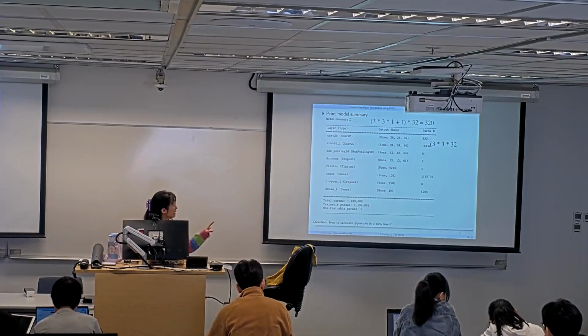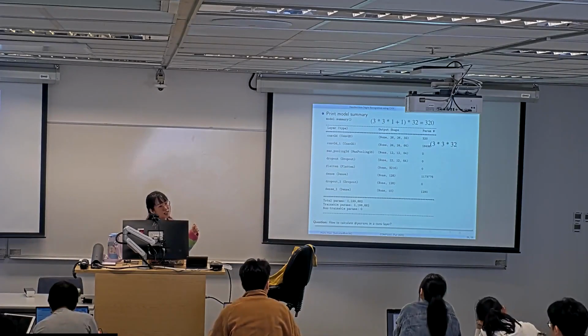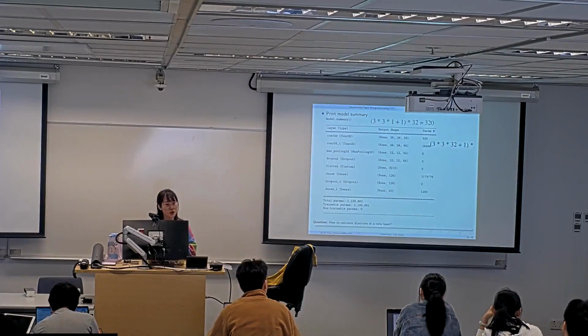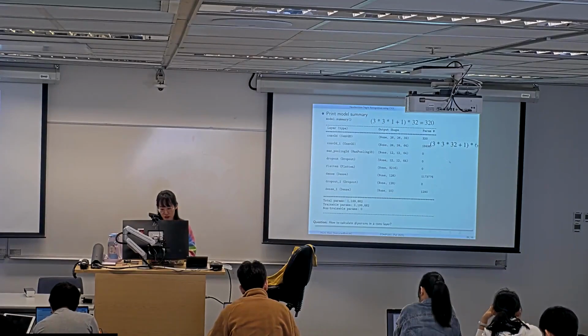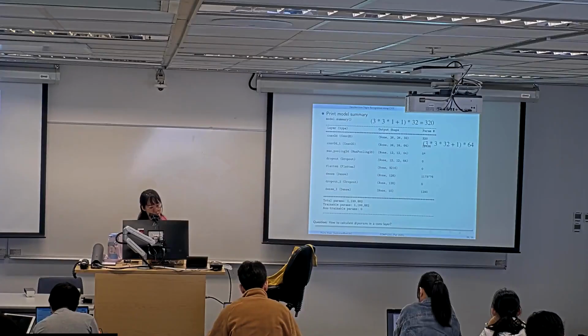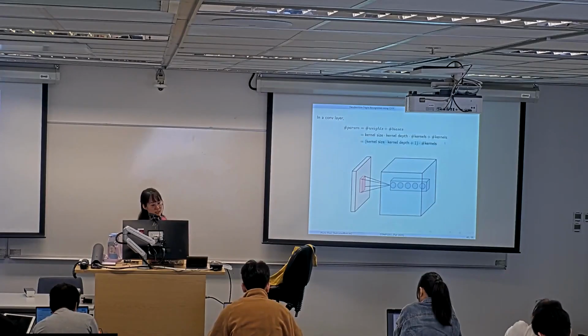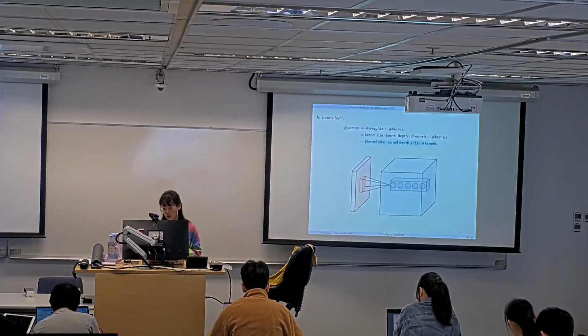For this layer, Conv2D_1, the depth is 32, and then plus 1, then times the number of kernels we applied, which is 64. So for this layer, we apply 64 kernels. So this is how we get this 18,496 by using this formula. So basically we directly apply this formula to get the number of parameters in a convolutional layer.